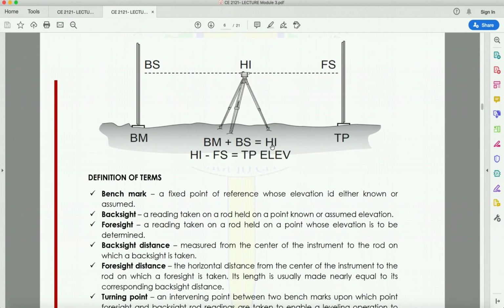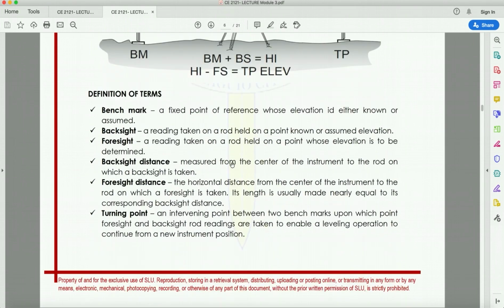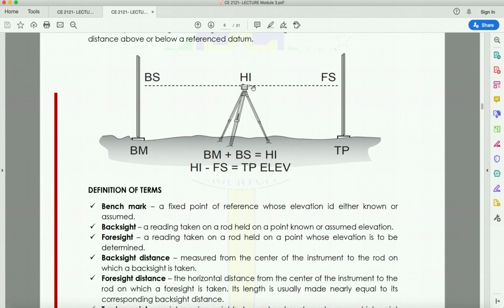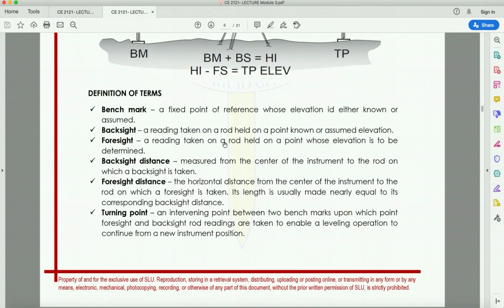So take note for the HI. HI stands for height of instrument. Benchmark plus backsight, I repeat, benchmark plus backsight is equivalent to the height of instrument. Height of instrument minus foresight is equivalent to the elevation of the turning point. Okay, so we will be using this formula.